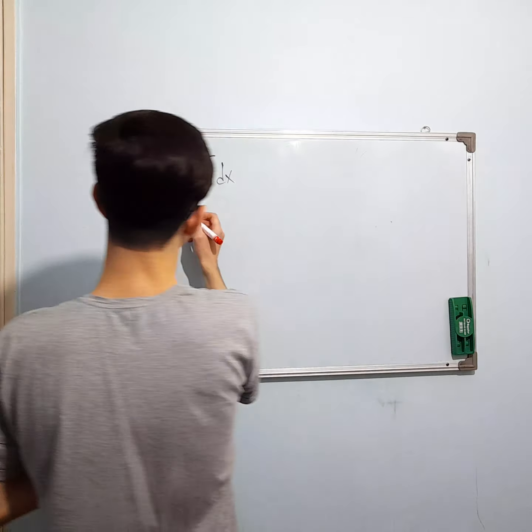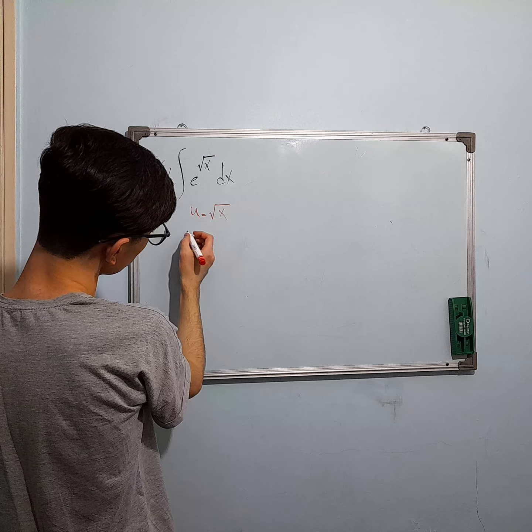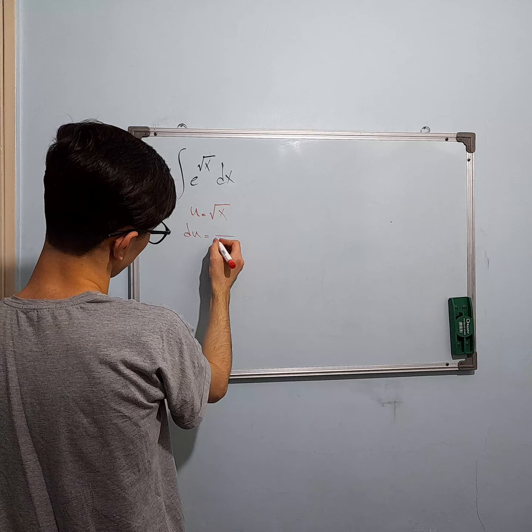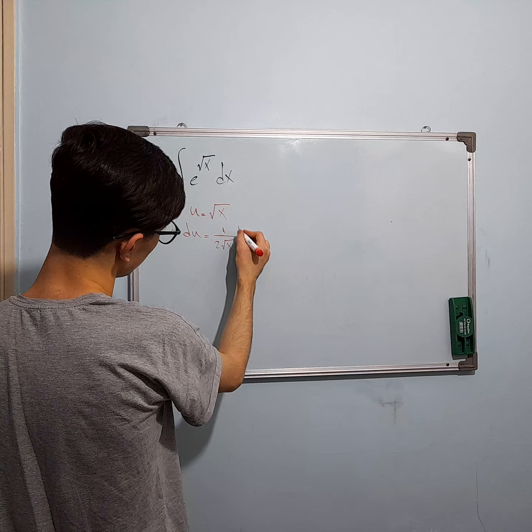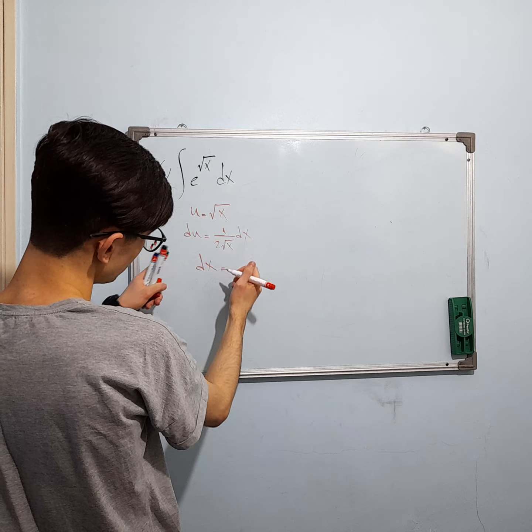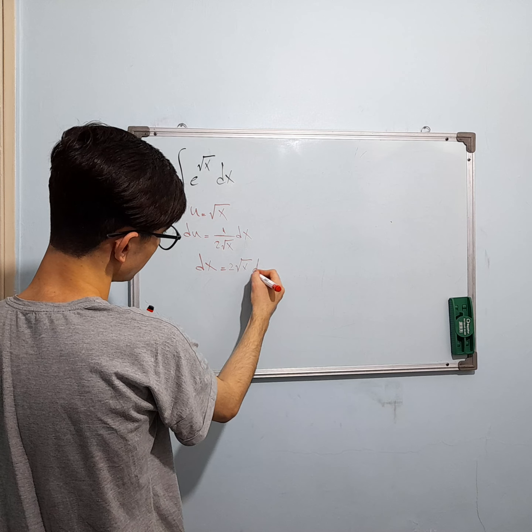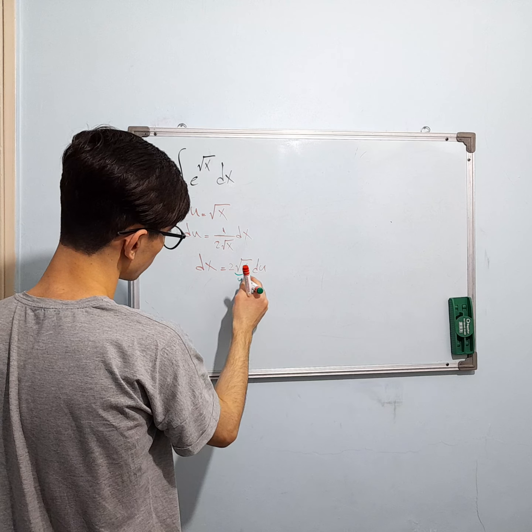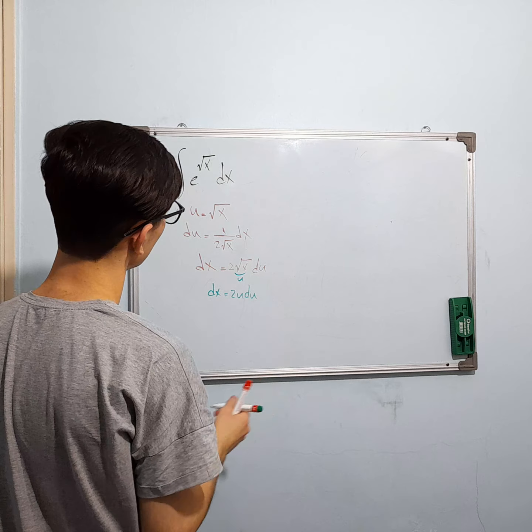Okay, u equals square root of x. We differentiate both sides: du equals 1 over 2 square root of x dx. So dx, if I multiply everybody by this 2 square root of x, equals 2 square root of x du, and we know that the square root of x is u, so dx is 2u du.